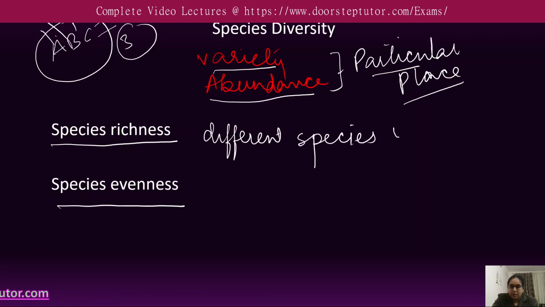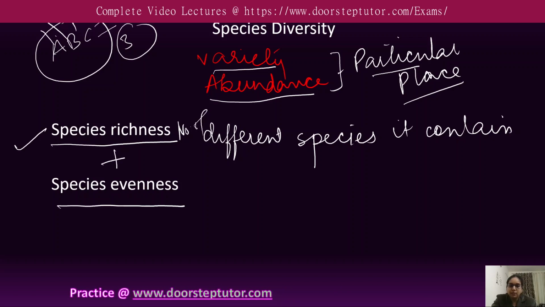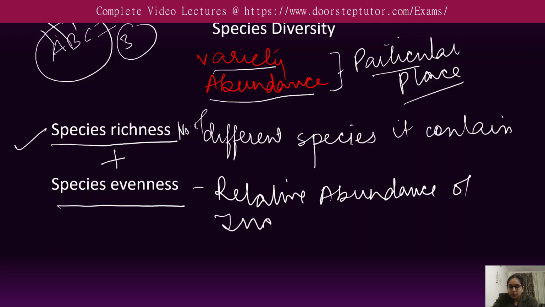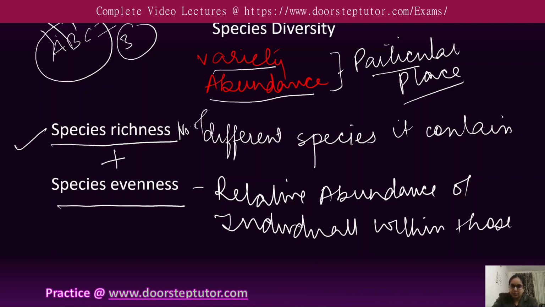Whatever number of different species it contains is termed species richness, and it is always combined with species evenness, which means the relative abundance of individuals within those species.